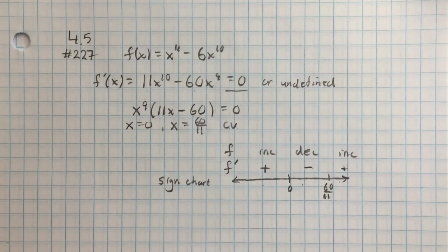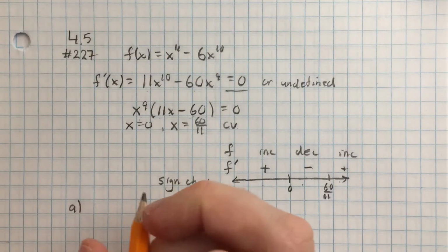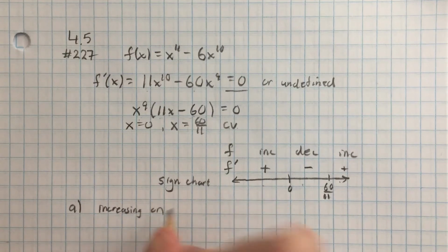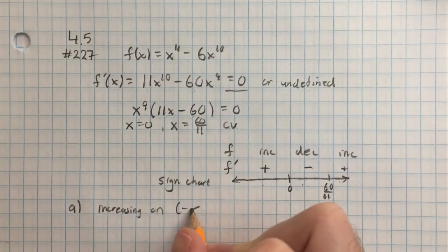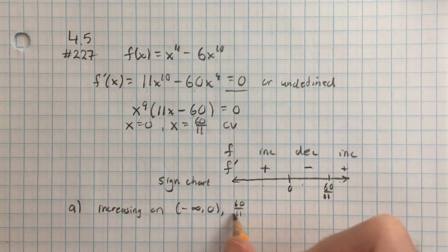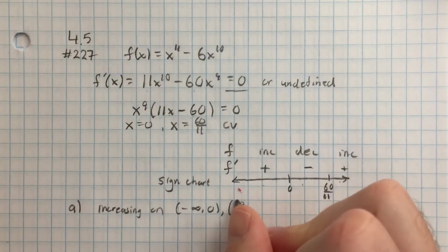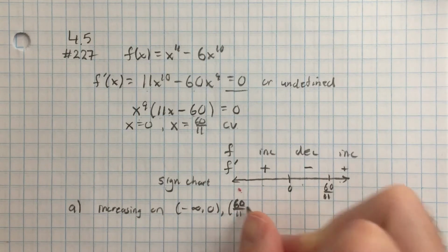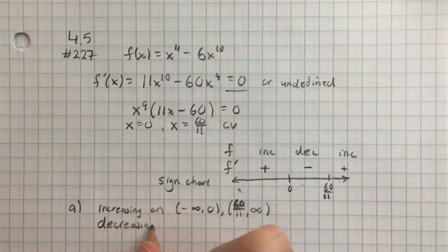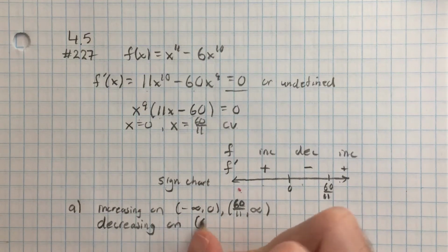Now we know the answers to parts A and B. So part A, we have increasing on two intervals, negative infinity to 0 and 60/11ths to infinity. And it is decreasing on 0 to 60/11ths.